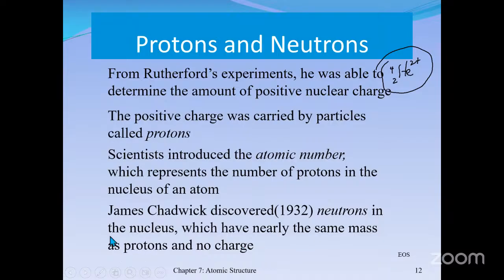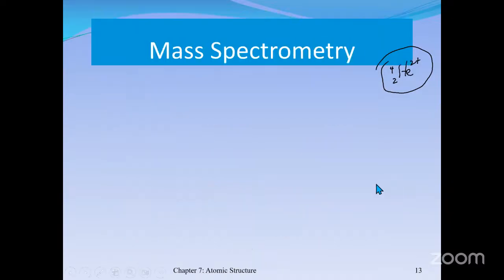But he discovered the neutrons because, as I said before, there was a mass difference that could not be accounted for until he discovered the neutrons, and that explains that difference in mass that exists in most of the atoms, right? And he discovered that the neutrons, these particles, have no charge, and their mass is almost the same as the mass of a proton, all right? So that's basically a short history of how these particles were discovered.